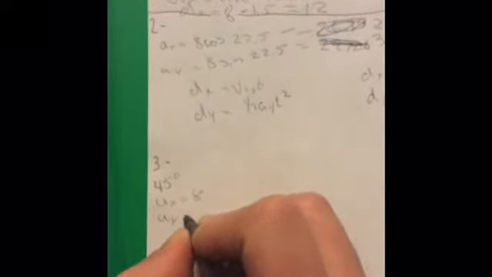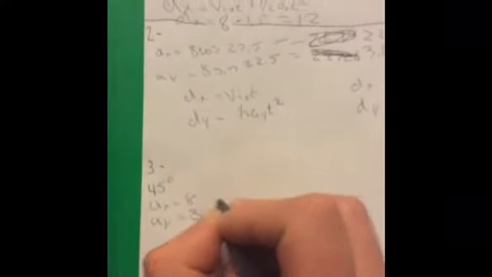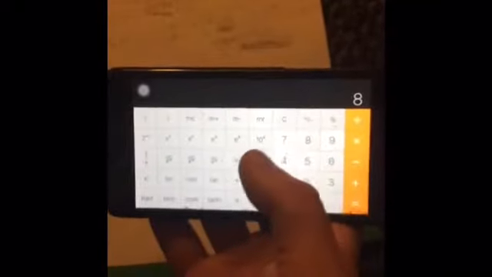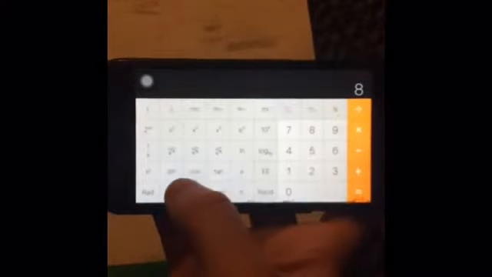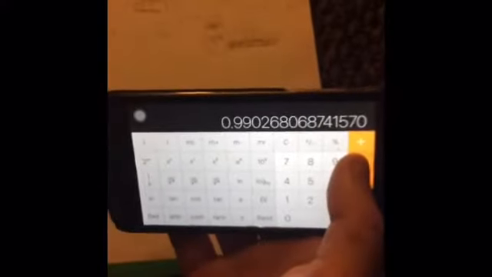Now, same thing. ax equals 8 cosine 45, ay equals 8 sine 45. So we do 8 times cosine 45, which equals 4.456.